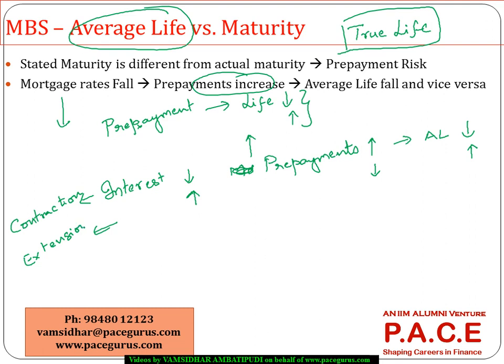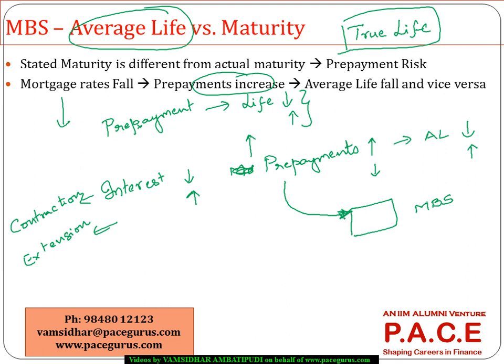Both are a problem. Let's say the interest rates are going up and the expected prepayments are going down. The party who has invested in the MBS is expecting to receive some predefined prepayment, right?